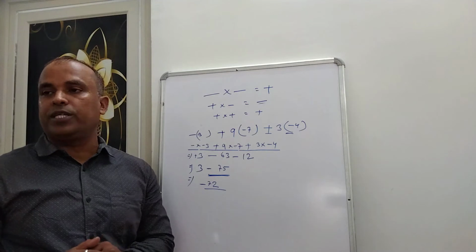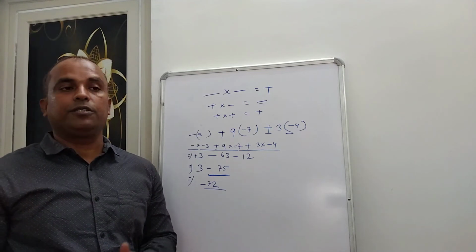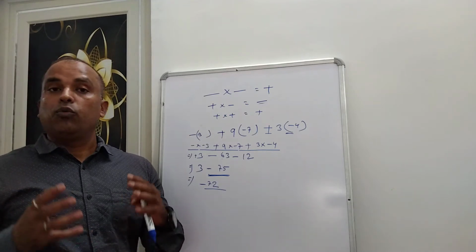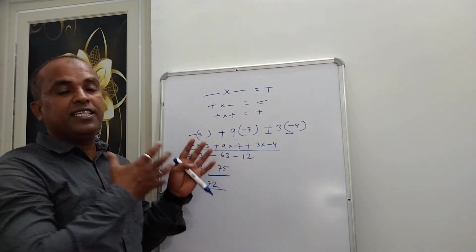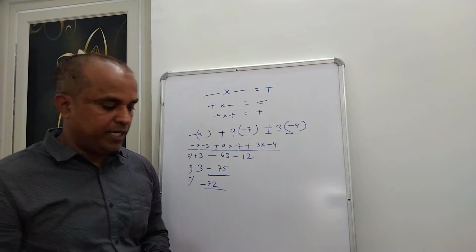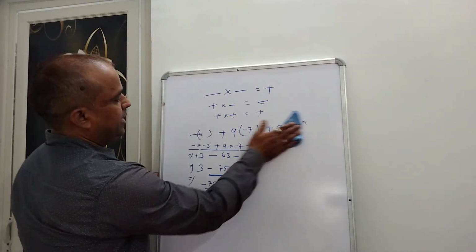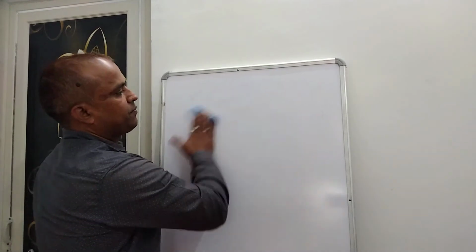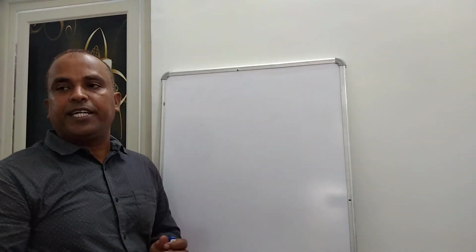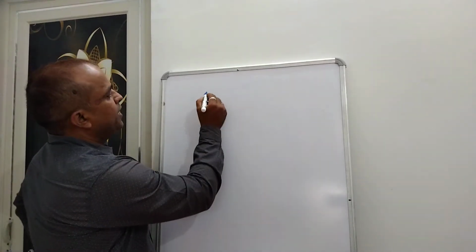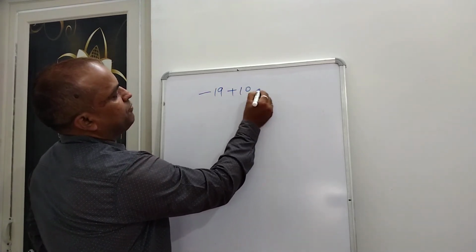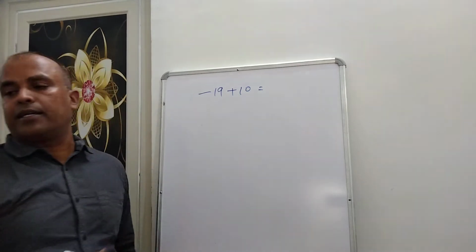Now I will tell you how we can do addition and subtraction while keeping the sign in mind. Let's continue. If a number comes minus 19 plus 10, what will be the answer?